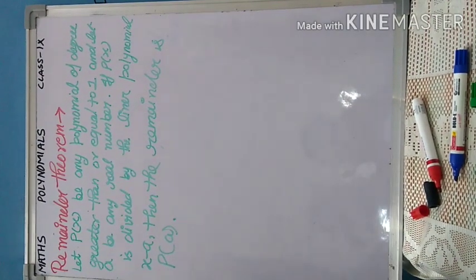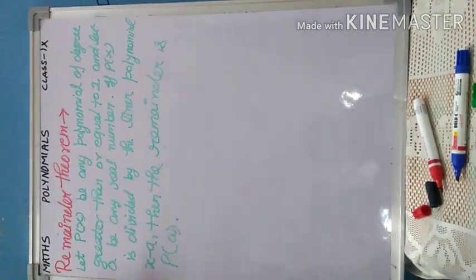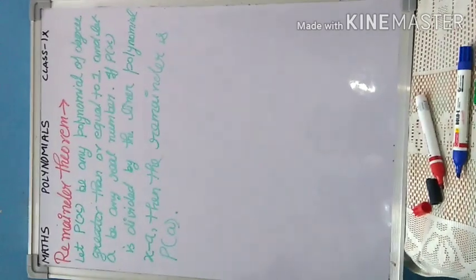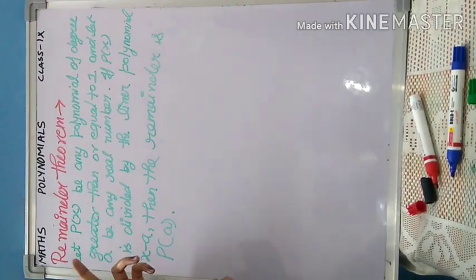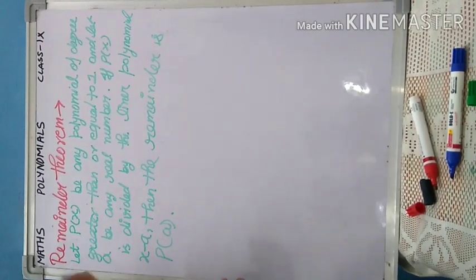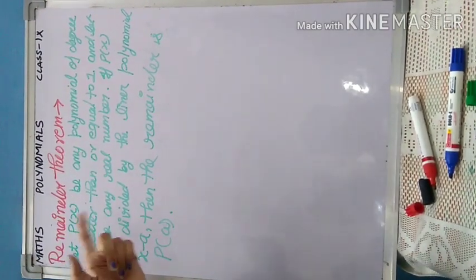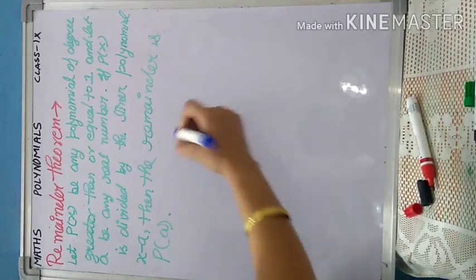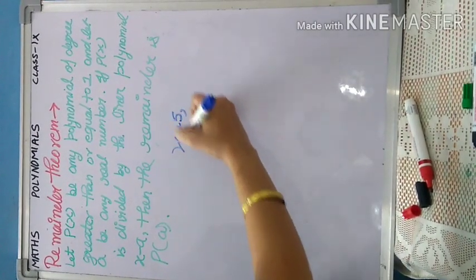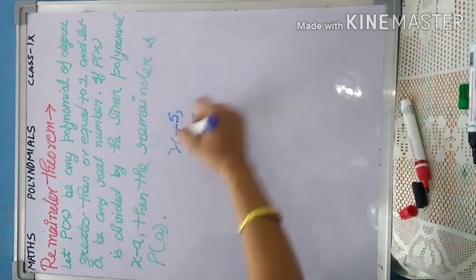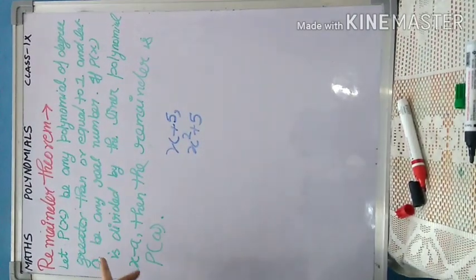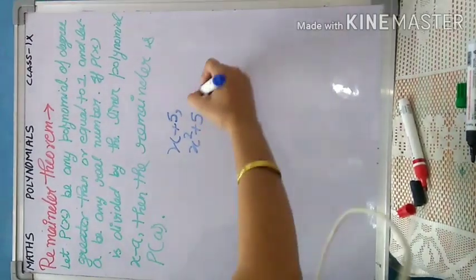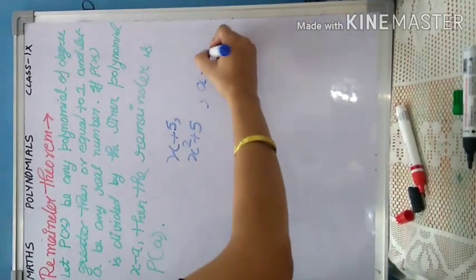Students, very important theorem here, remainder theorem, and one more will be factor theorem. Very important. Okay. Let p(x) be any polynomial. We have done many examples of polynomials of degree greater than or equal to 1. Let it be like x + 5 or x square + 5. Here the degree is 1 and here the degree is 2. Okay, and let a be any real number, suppose a = 2.